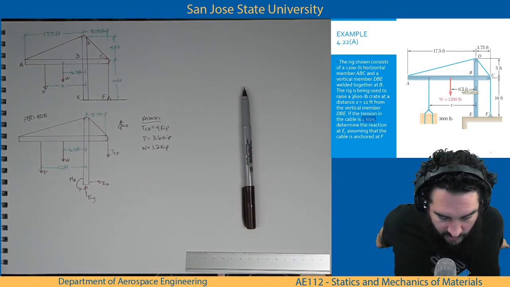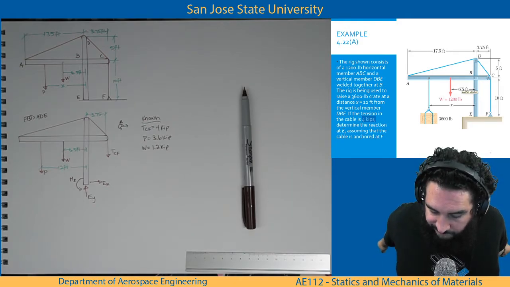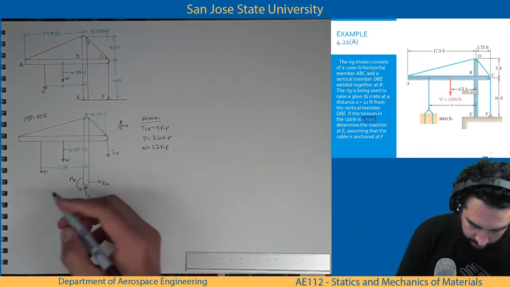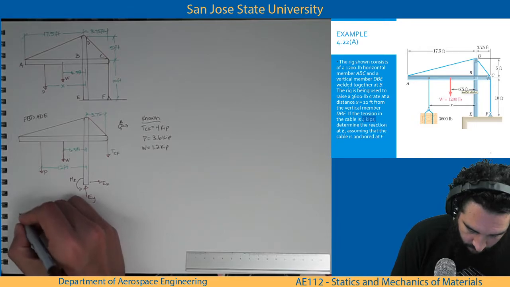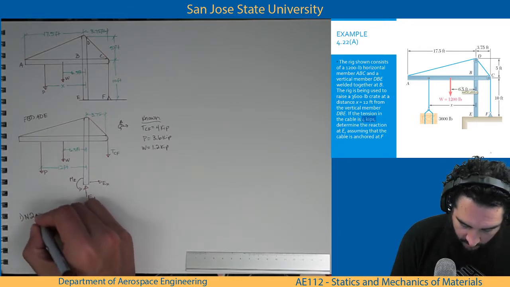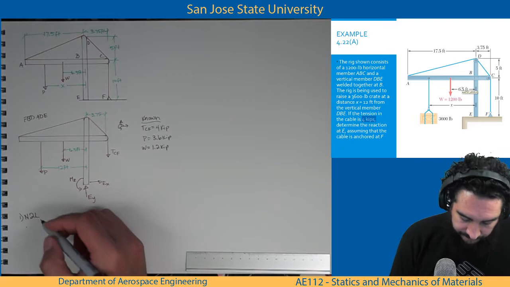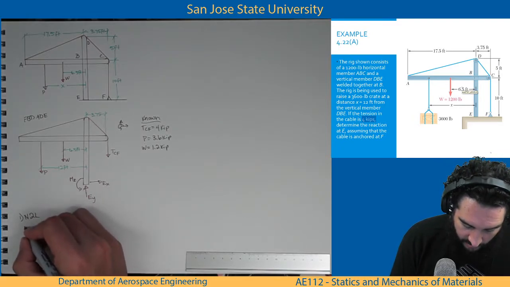All right. So let's start with Newton's second law. Again, I'm going to write N2L for Newton's second law. Let's start with the sum of the forces in the x direction.